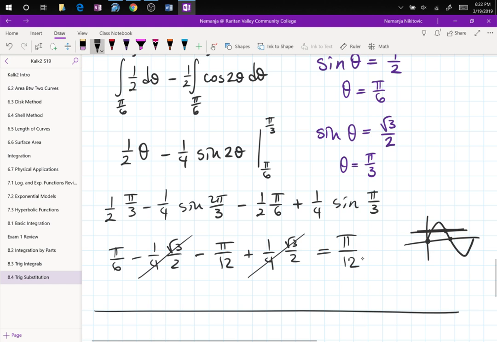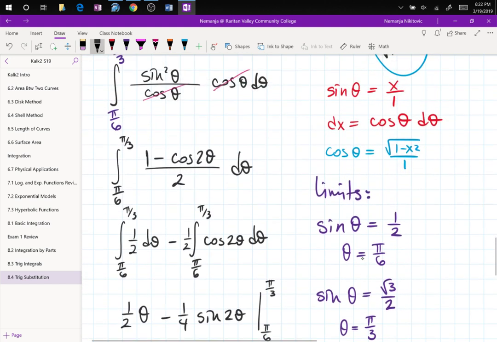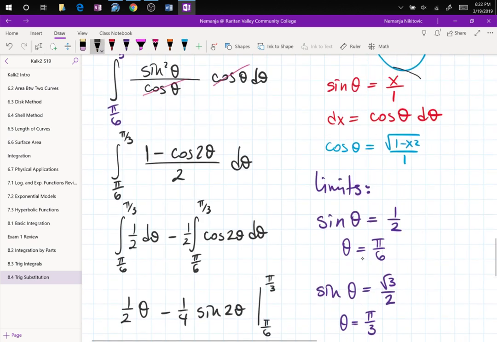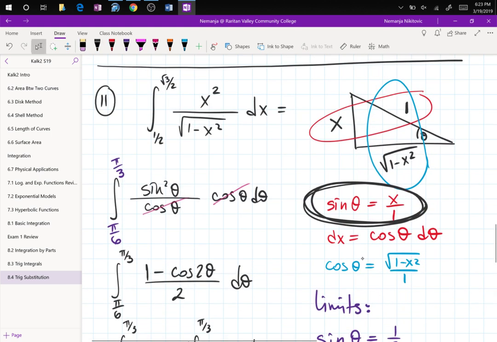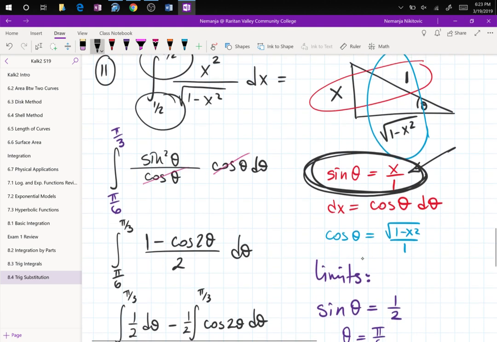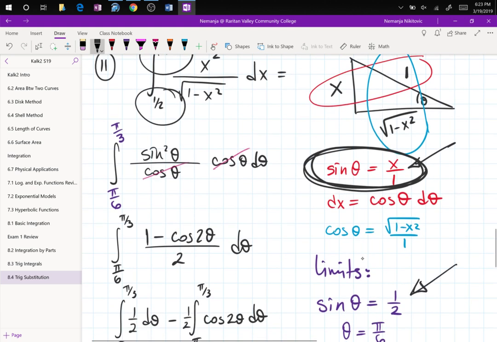How did you get those limits again? I used the formula and I plugged in these original limits of 1/2 and √3/2. Those original limits are your x's. So I plug them in for x on this side, as you can see. Here's your 1/2. And then I used trigonometry to come up with a theta.